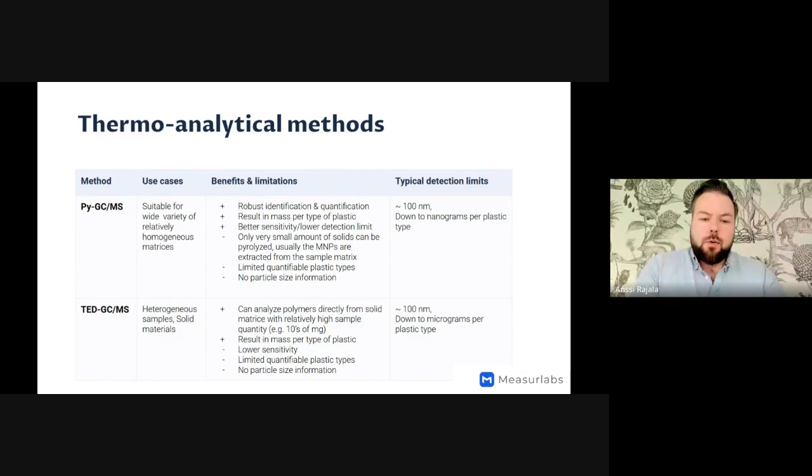However, it has lower sensitivity compared to the pyrolysis GCMS, down to micrograms per plastic type. And usually also in this case, the typical detection limit can be considered to be something like 100 nanometers. For both methods, the common downsides are the limited quantifiable plastic types and no particle size information.